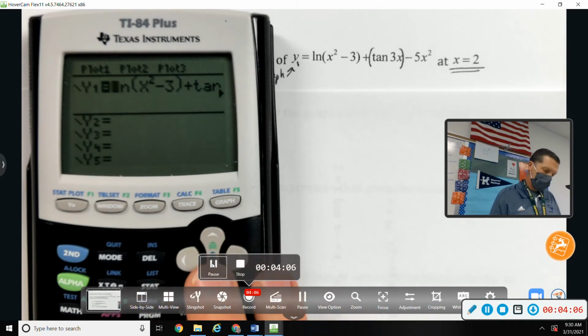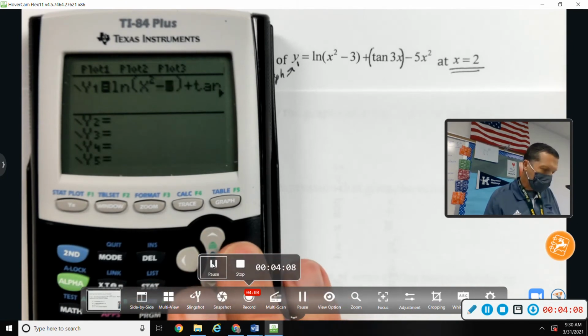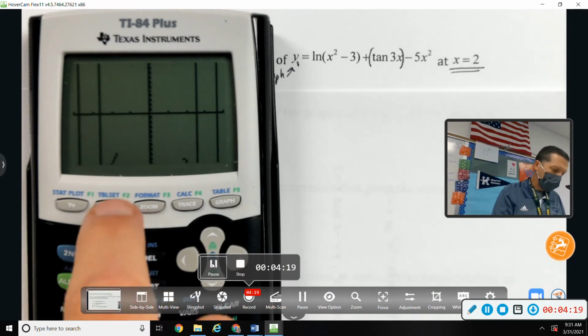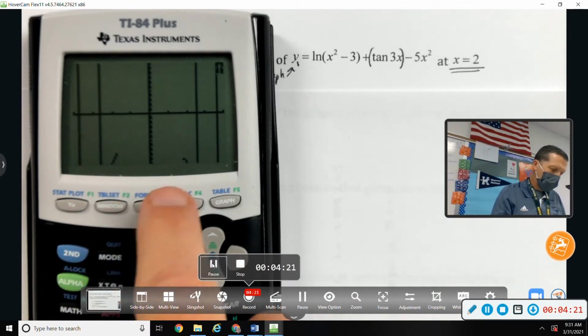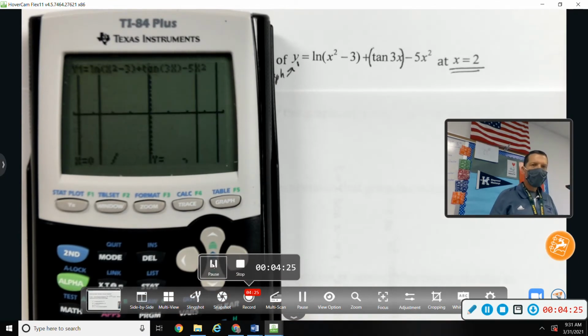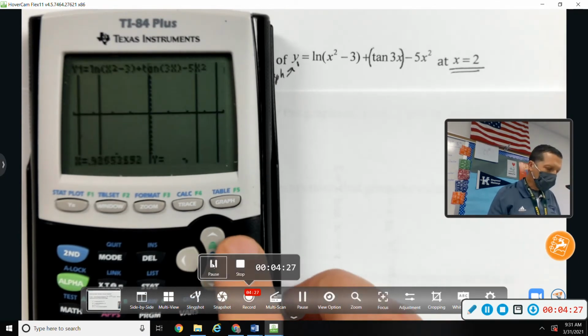Use it. So there's my function: natural log of x squared minus 3 plus tangent of 3x minus 5x squared. The graph is weird, strange, and it's strange even with me having a strange window there. Second calc, dy/dx is one of my options. You can scroll left and right, but you can also just type in the spot you want.